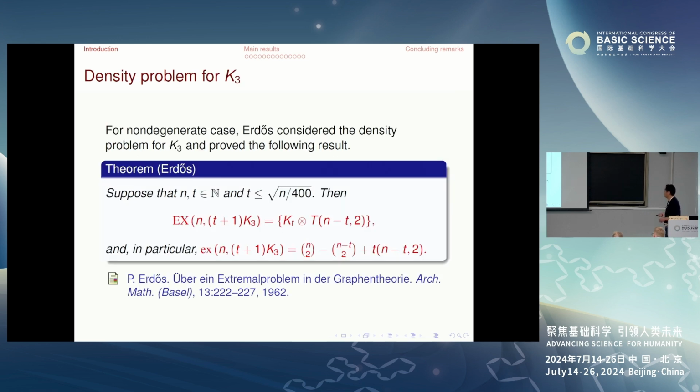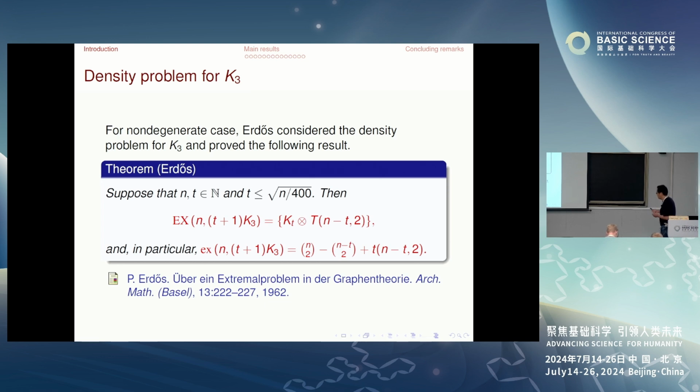For the non-degenerate case, Erdős first studied these problems and showed the result for t plus one triangles, K3. The extremal graph is the union of K_t and the triangle graph.